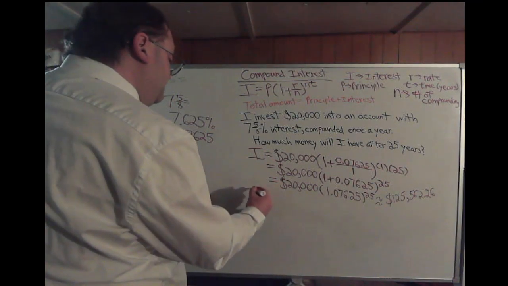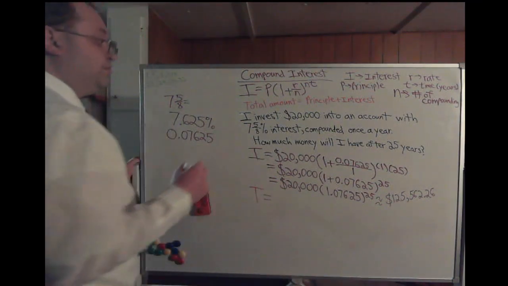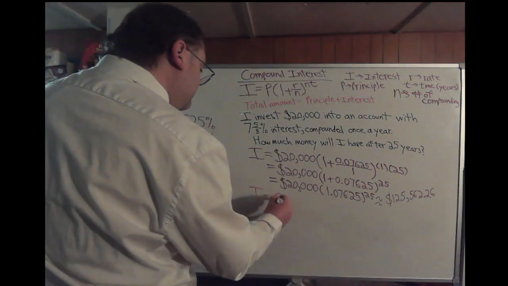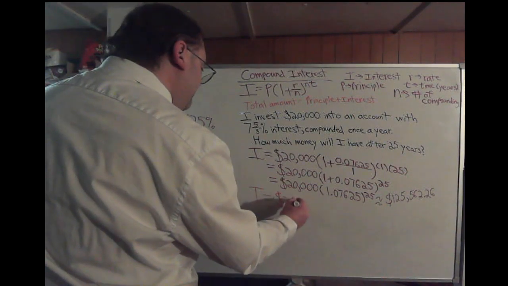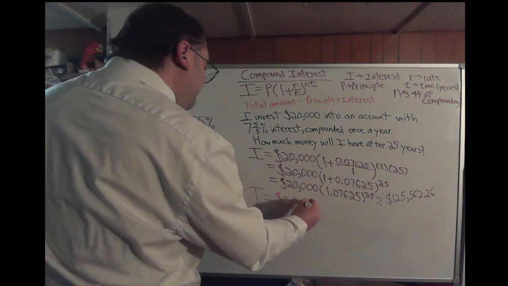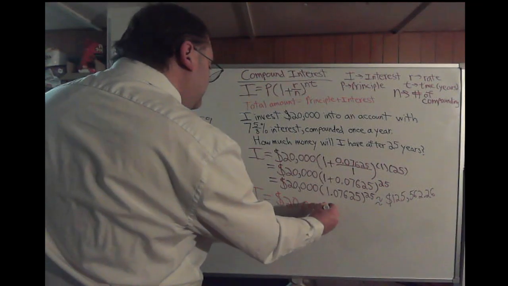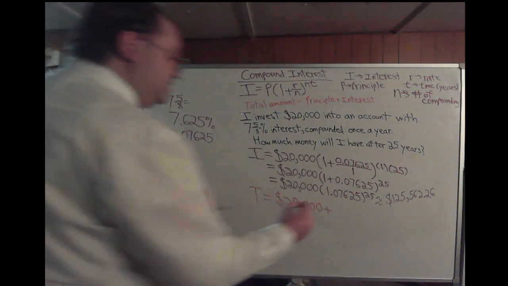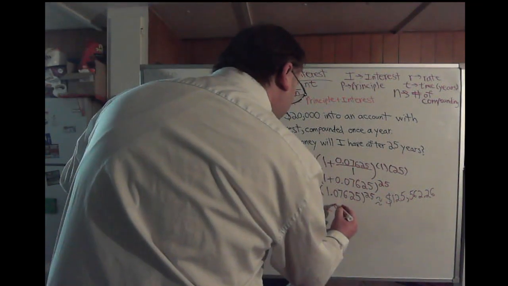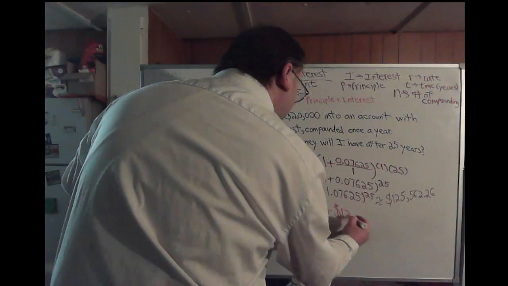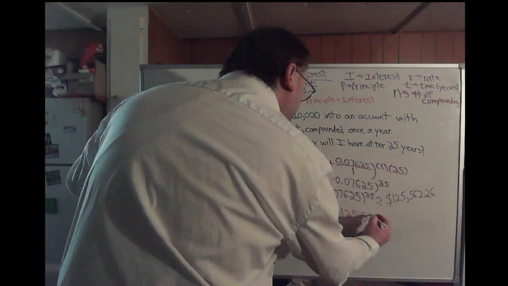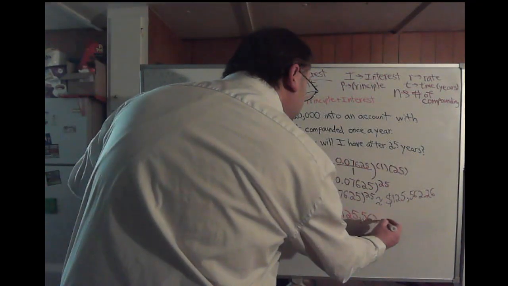So the total amount still hasn't changed for that formula. It's the principal of $20,000 that I put in, plus the interest, which we determined to be $125,562.26.